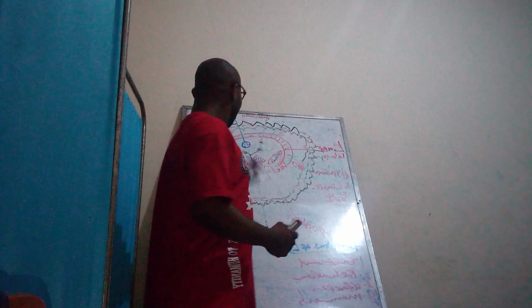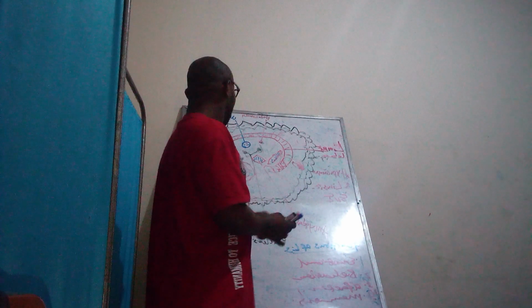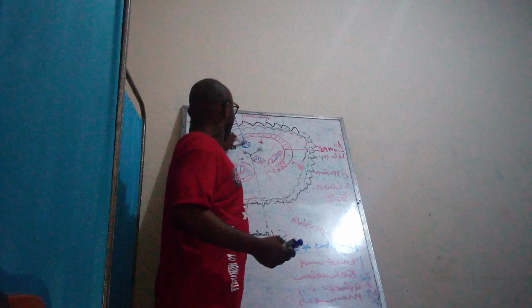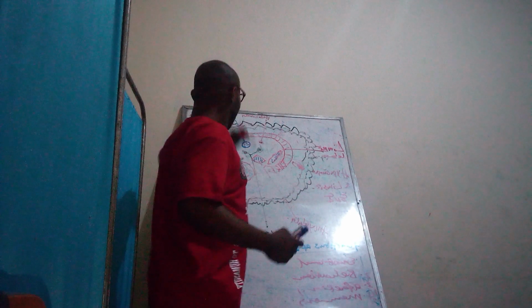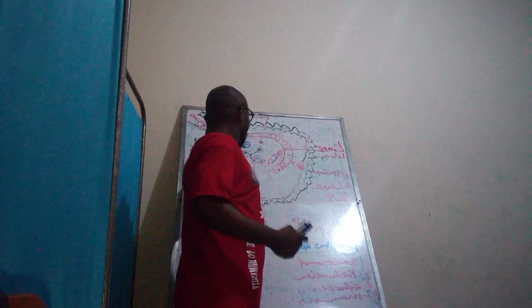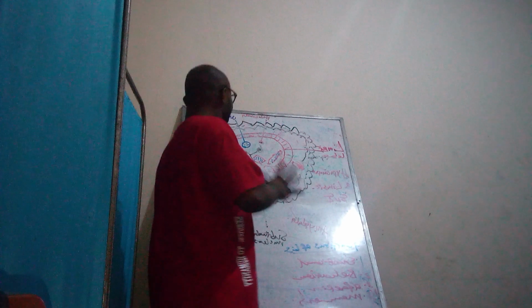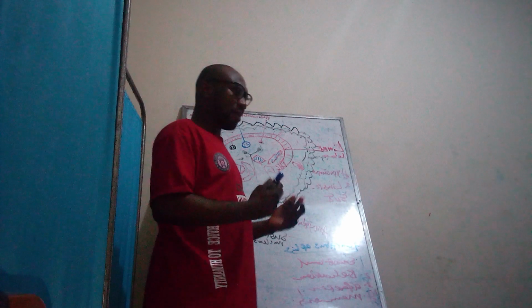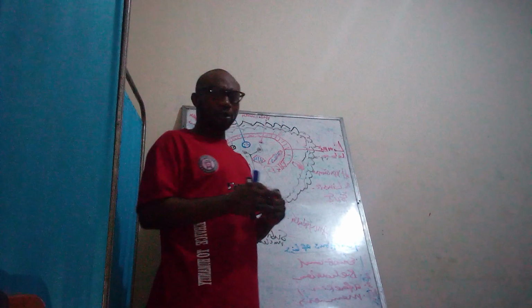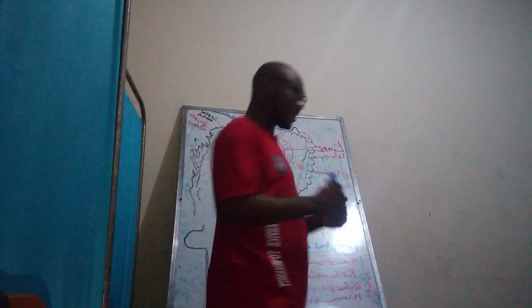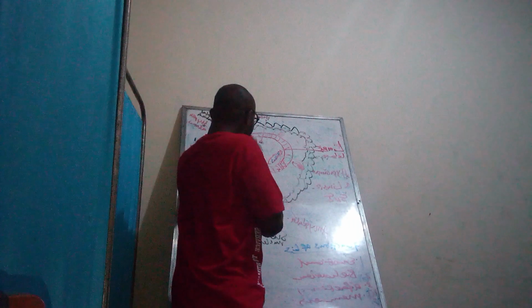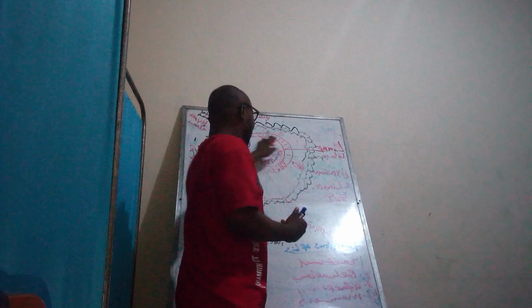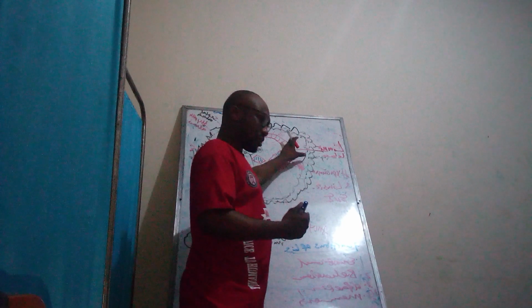Then after that, you have a structure here known as the thalamus. The thalamus is a very important structure that plays a role when you're talking about movement, and from here it goes straight to the frontal cortex.